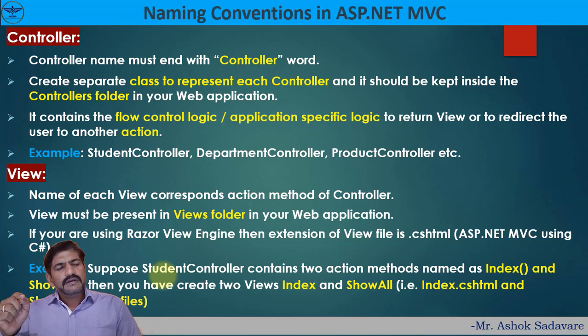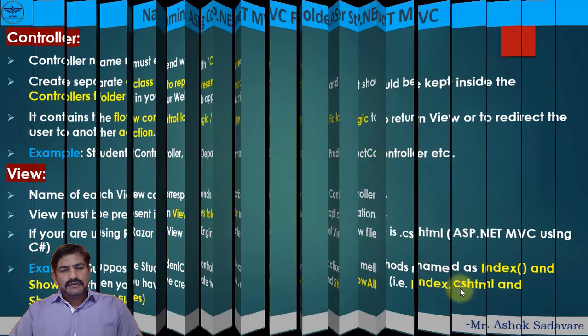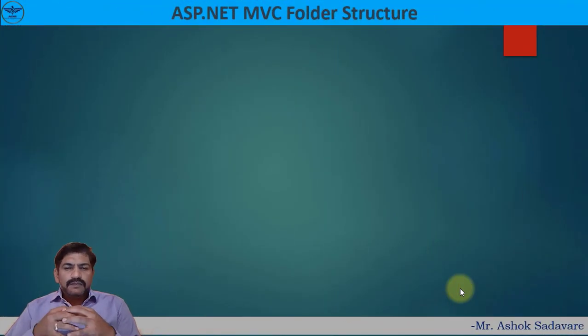So the names of the views are the Index view and the ShowAll view. These views are stored in the Index.cshtml file and the ShowAll.cshtml file. Let's see how this folder structure is available in ASP.NET MVC.